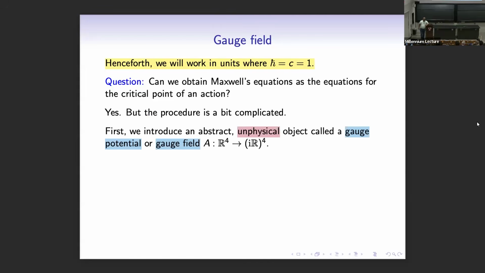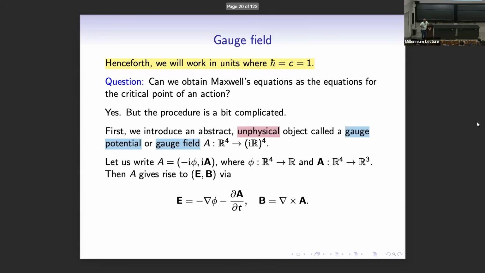First, we introduce an abstract unphysical object called a gauge field, which is a map from R^4 to iR^4. Physicists would say just R^4 to R^4, but for certain reasons, I'll keep the i. It's because of the convention of what we call the Lie algebra. So at each point in space-time, you have a 4-tuple of imaginary numbers.